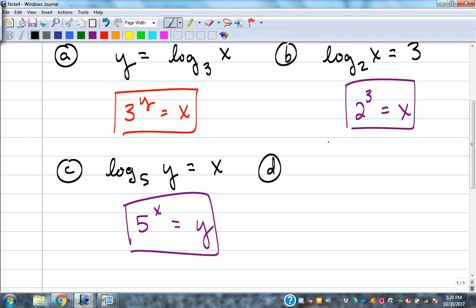All right, here's where we're going to throw you for a loop. Natural log of x equals y. All right, here's what we've got to have a definition for. Natural log, ln. It's called natural. I don't know why the n's not first, but ln, natural log, is what that stands for: log base e.